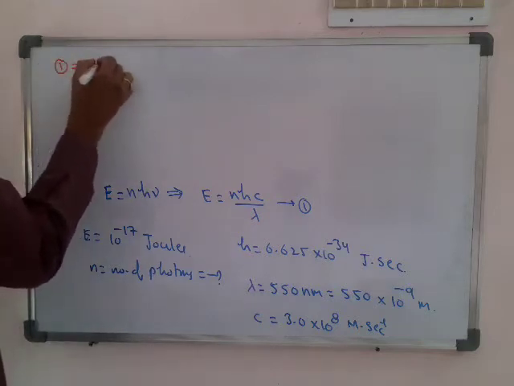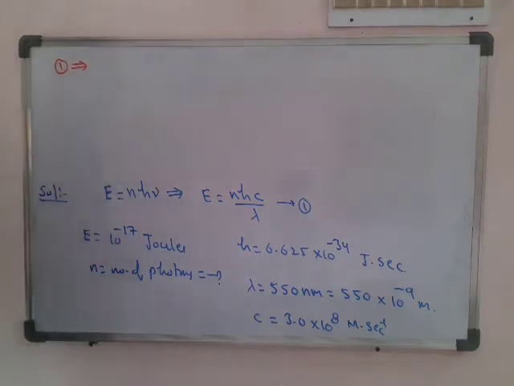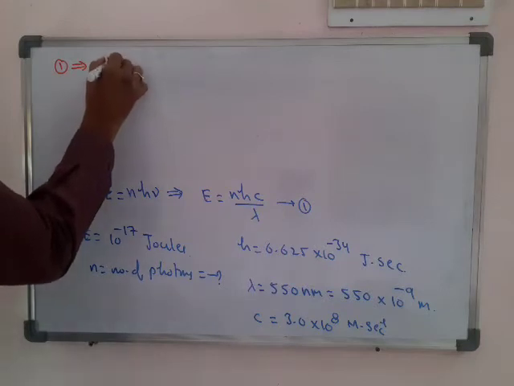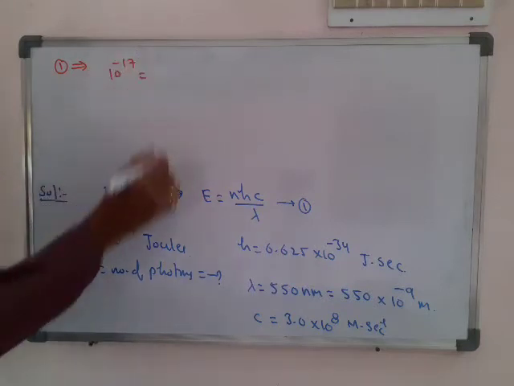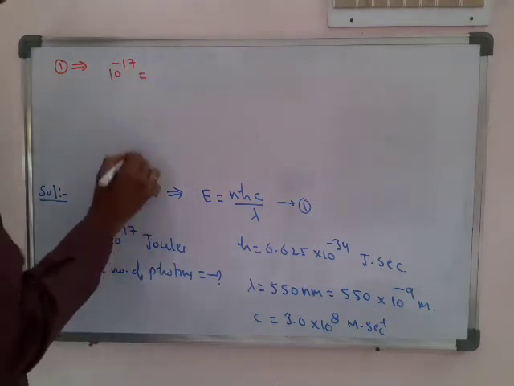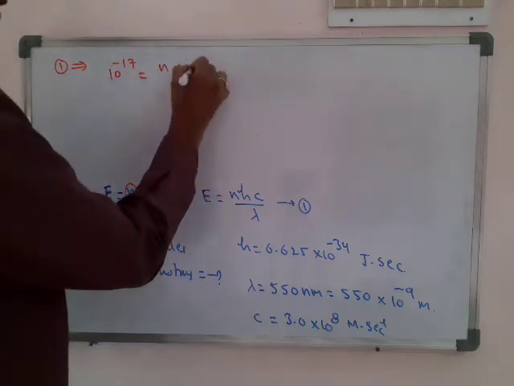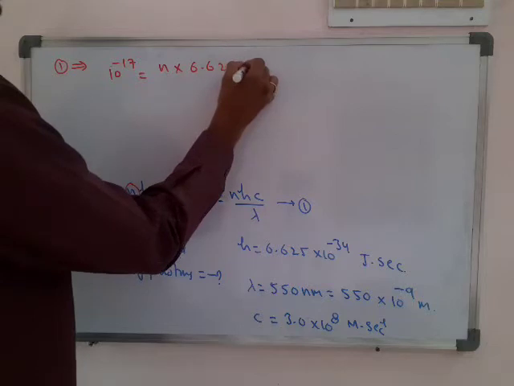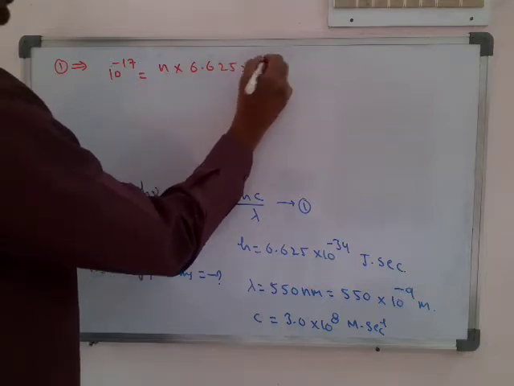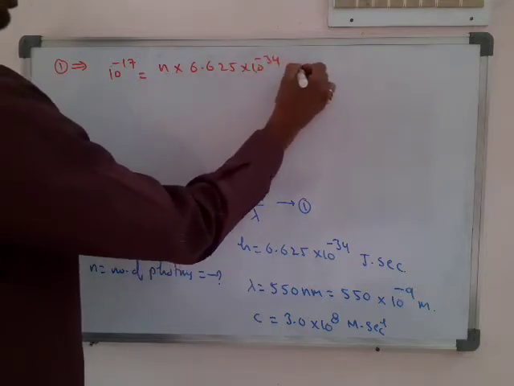Substitute all the values in equation 1. So 10 power minus 17 equals, we have to find this n, and h, it's 6.625 into 10 power minus 34 joules.